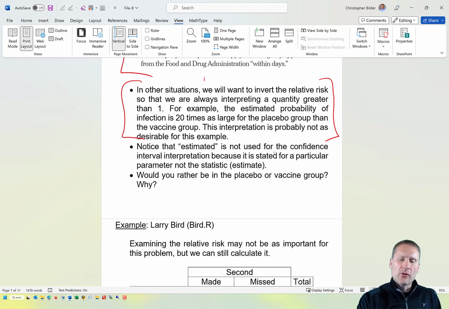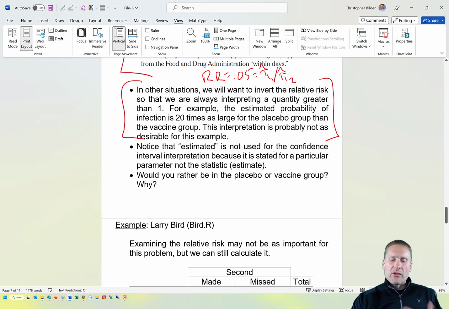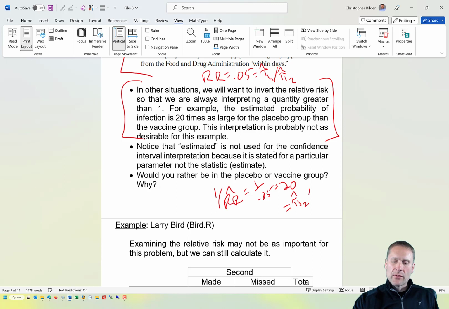So in our particular situation where we had a relative risk of 0.05, which would be pi hat 1 divided by pi hat 2 estimates, we might want to invert it so that 1 over RR hat is equal to 1 over 0.05 or 20. And so this is pi hat 2 divided by pi hat 1. What this is saying in our particular situation is that the estimated probability of infection is 20 times as large for the placebo group than the vaccine group.